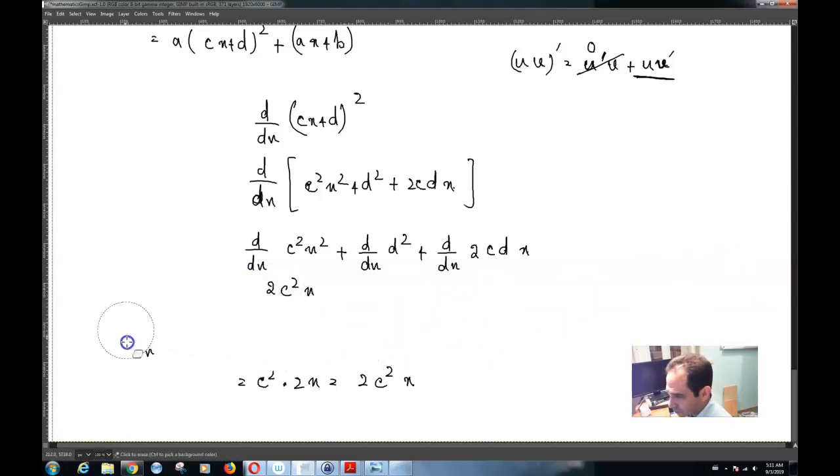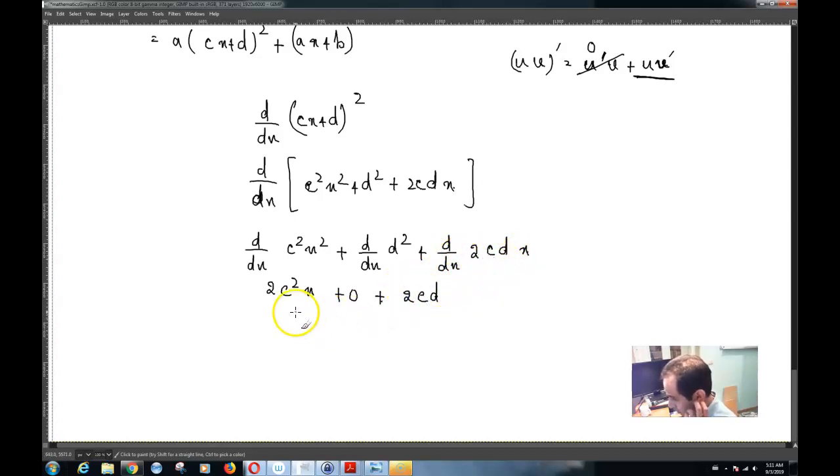And of course you know that the derivative of a constant is 0. So that would be plus 0, and if I take 2cd as a constant, the constant times a function, the derivative of 2cd times x is just equal to 2cd, the constant or the slope of the line.